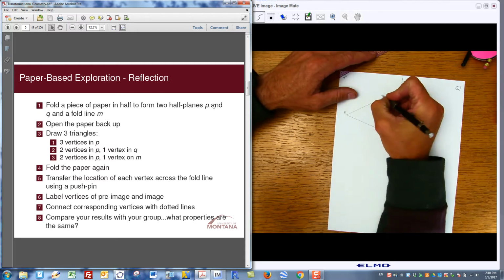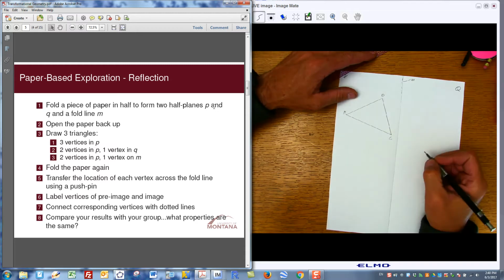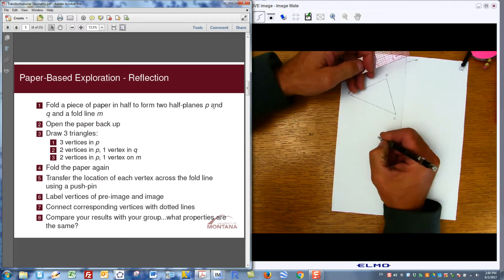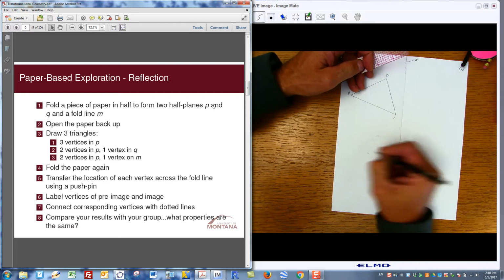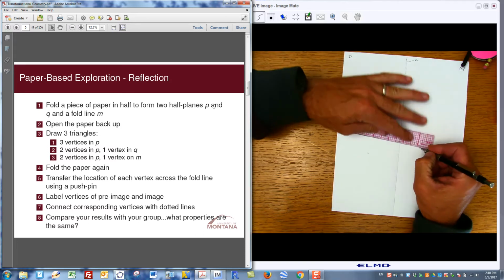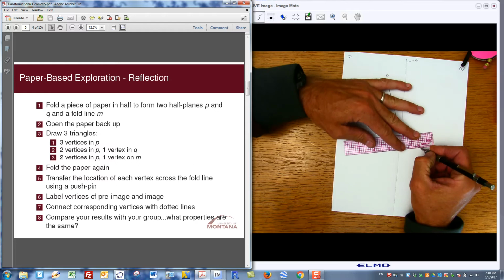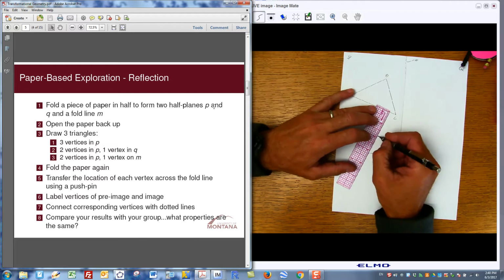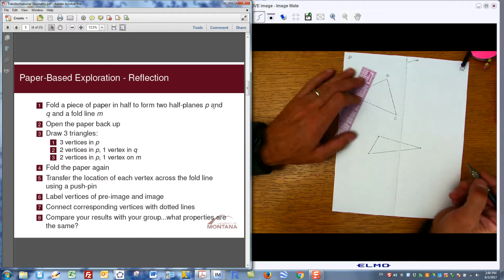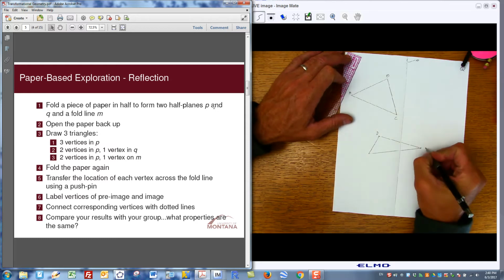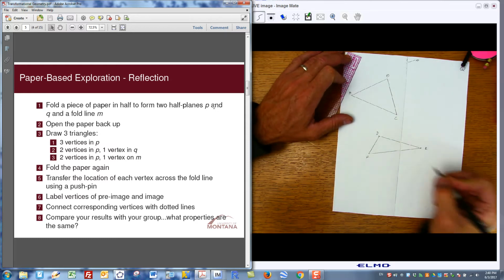Let's call it A, B, C. Let's do another two vertices in P, 1 and Q. So let's see. I'll do a vertex here, and a vertex here. Okay, I don't know, let's see, how about D, E, F.